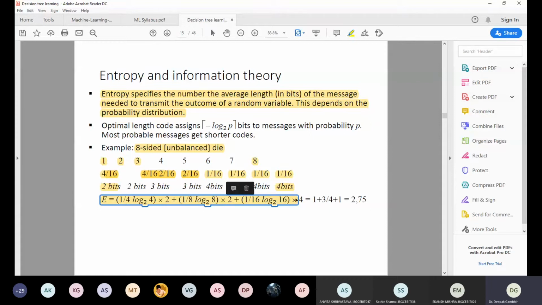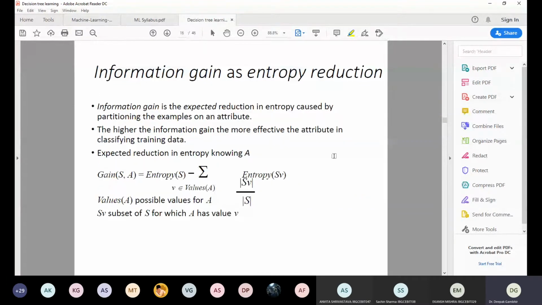Then 1 by 16, there are 4 cases, so into 4, 1 by 16 log 16 to the base 2. If you solve this, it comes out to be 2.75 bits. That is the entropy in the case of Huffman coding we have already read. The same entropy we will use here to make our decision tree.